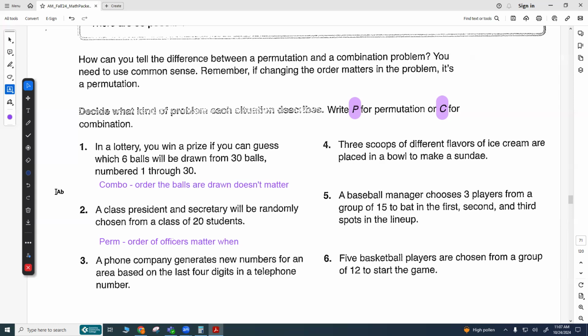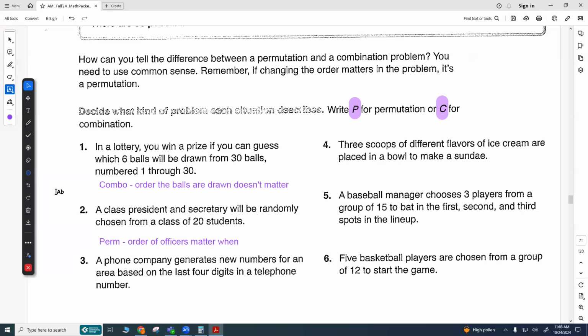But then you have to fill in the amount. So for the president slot, there's 20, and for the secretary spot, there's 19.